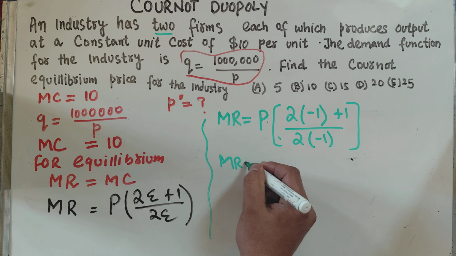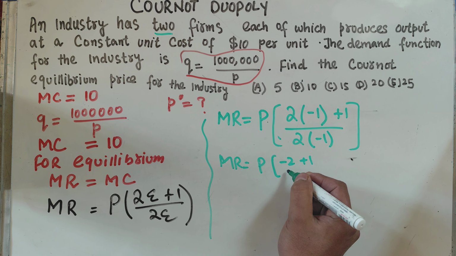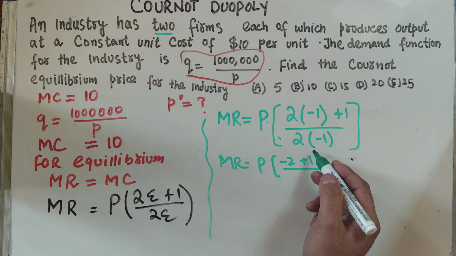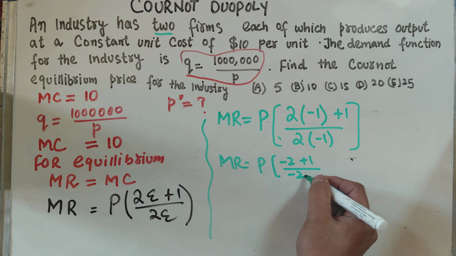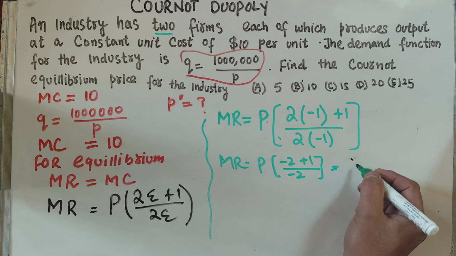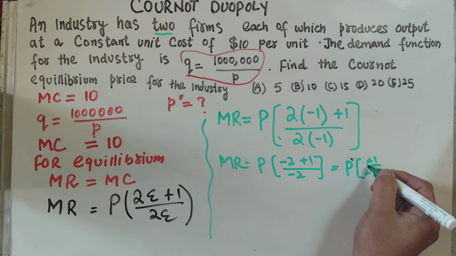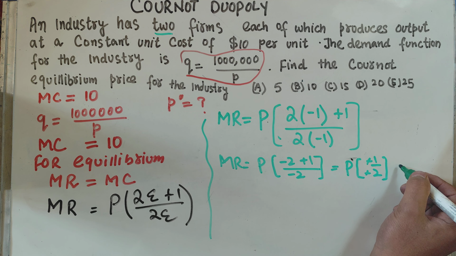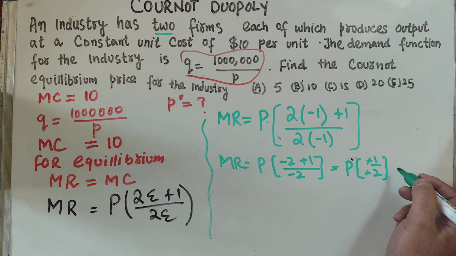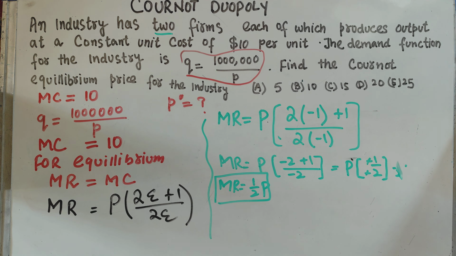So it is P times (minus 2 plus 1) divided by minus 2, which is P times minus 1 upon minus 2. The negatives cancel, so our marginal revenue comes out to be 1 upon 2 P. I hope I have done the calculation right. So this is our marginal revenue.